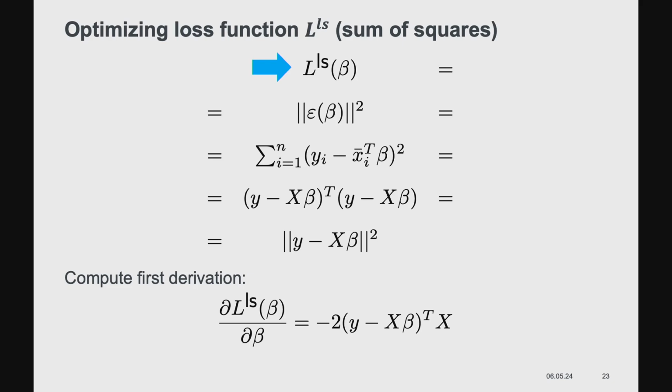And now if we take this and just apply our derivation rules, what do we get? Well, we have the inner function, which is squared. So this is 2 times this inner function. And then we have to derive the inner part. The inner function, depending on beta, means that this is a constant, and this is the variable that we are interested in. So the inner derivative is x, and we put the minus in front.